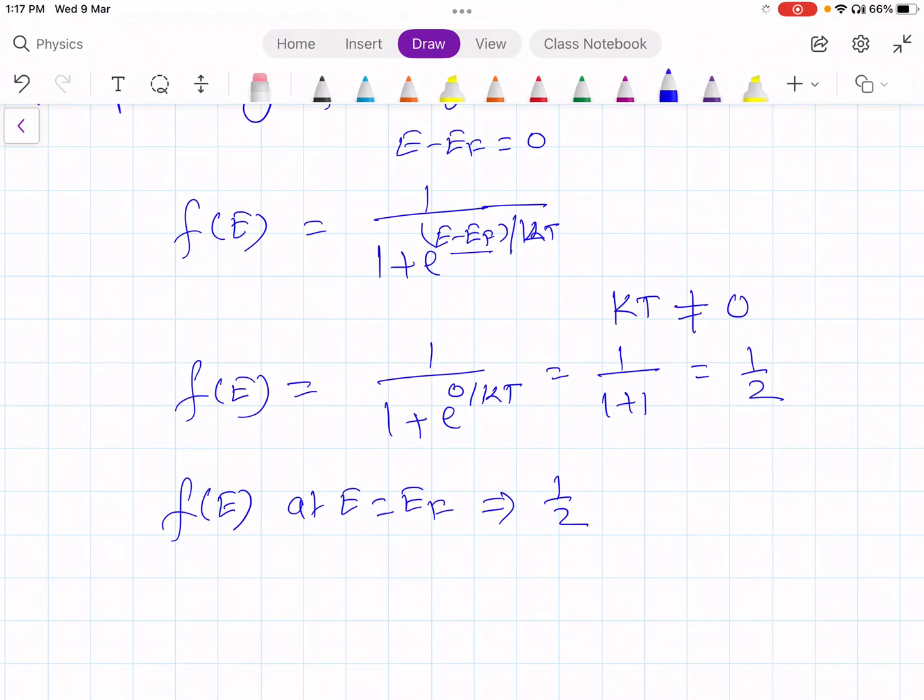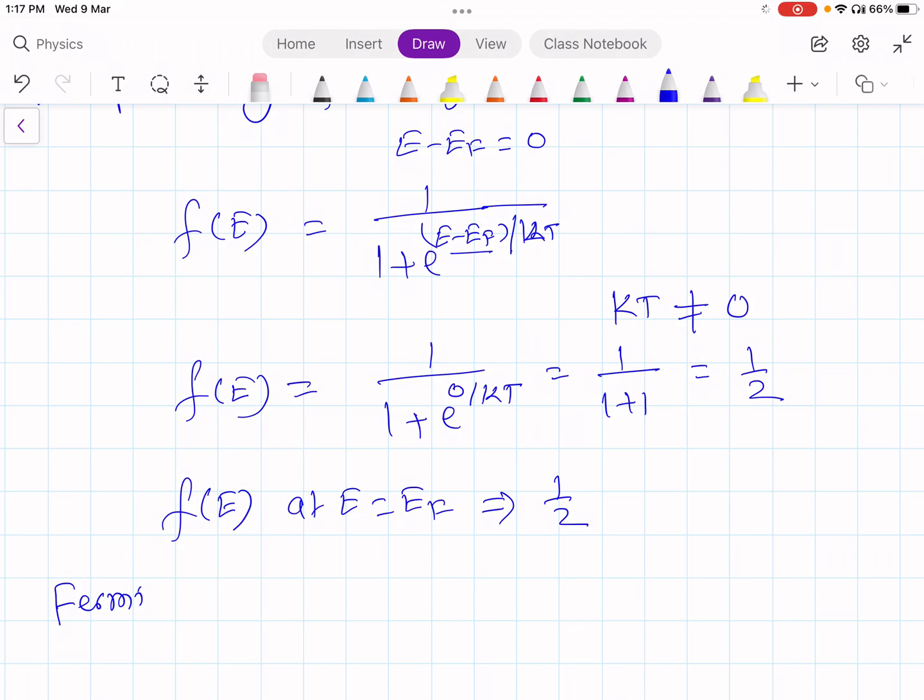Then let us define the Fermi level. We already defined the Fermi level for conductor at 0 Kelvin. Now we are going to define here the Fermi level for conductor at temperature greater than 0 Kelvin.